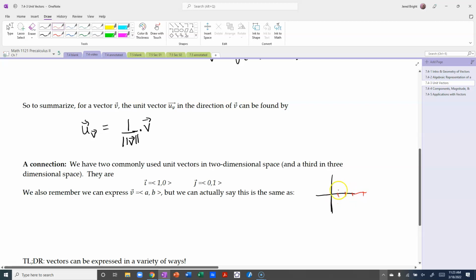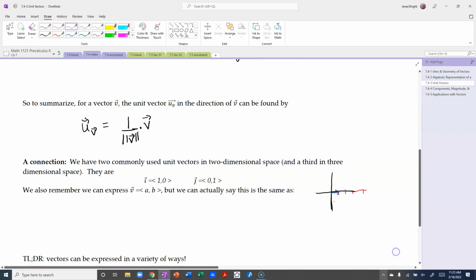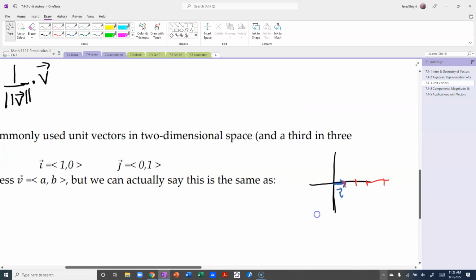So let i be the vector corresponding to a step of one unit. Similarly, we can step in the vertical direction, and every step in the vertical direction we use j to represent. That is 1, 0 and 0, 1.